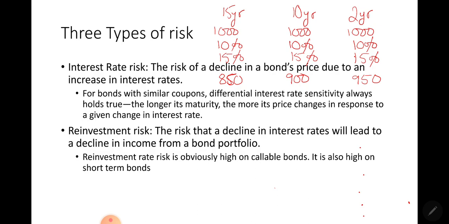So if you compare all three of them, the price has declined in all three cases, but there is differential interest rate sensitivity. The bond with the longer duration will have the higher decline, whereas the bond with the lower duration will have the lower decline.